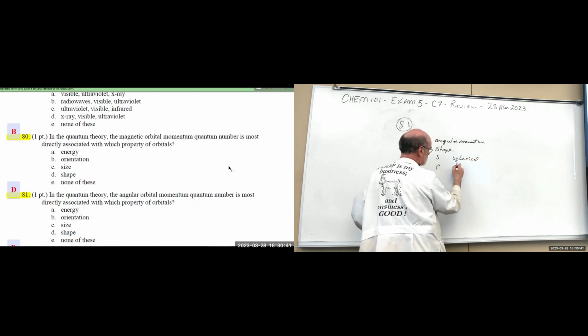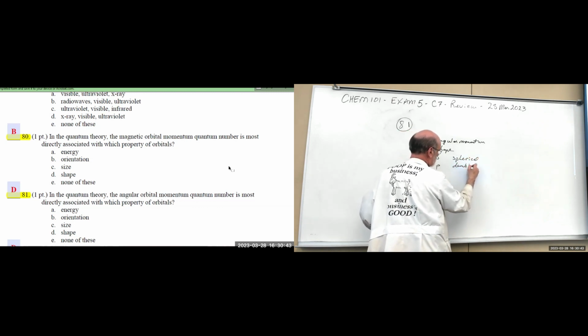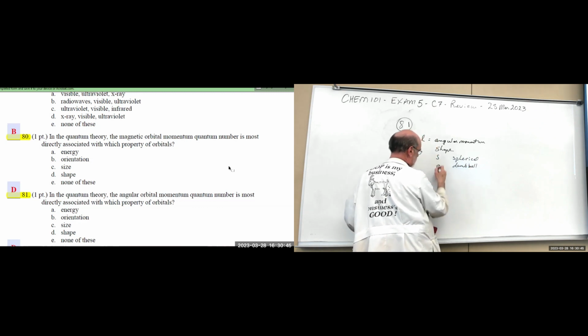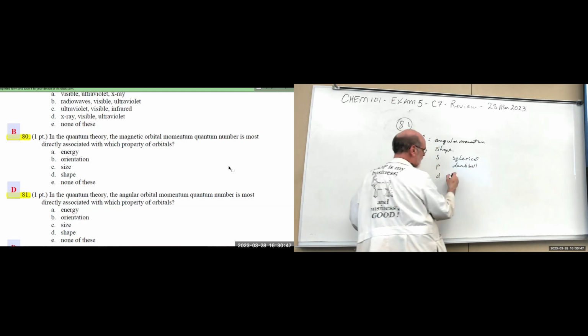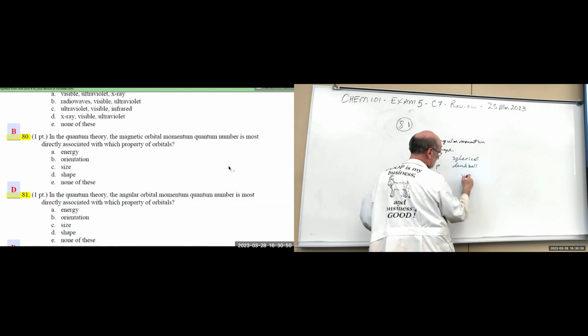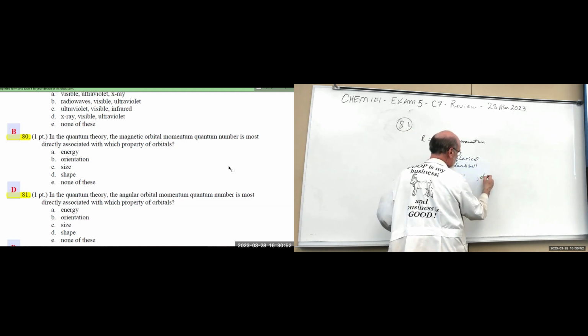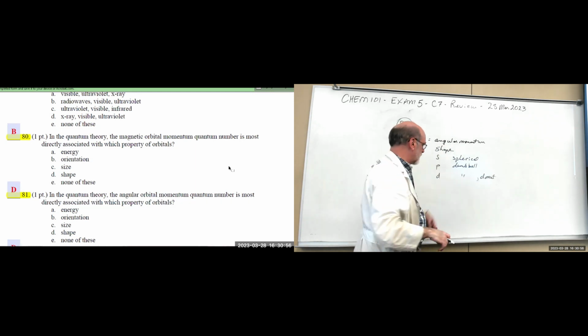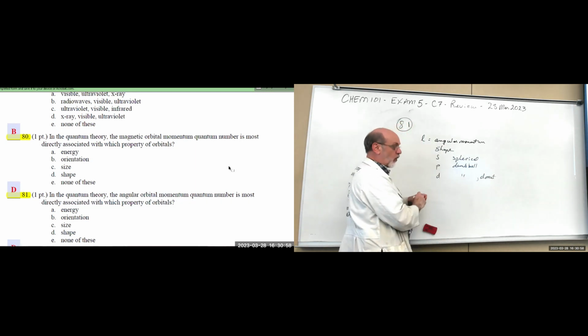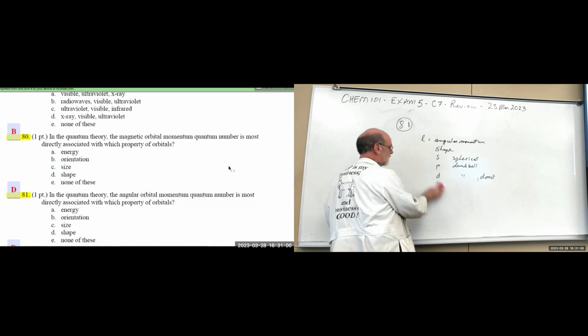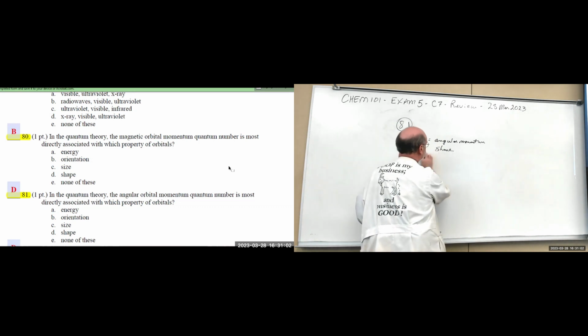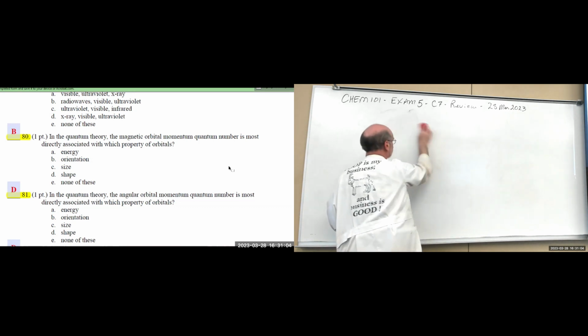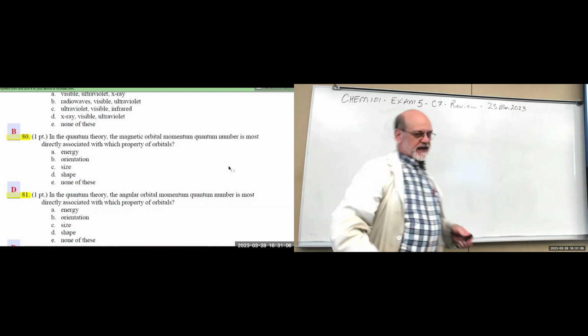P is dumbbell. And SPD. D is also sort of a dumbbell, but it also has a donut. One of its orbitals is donut shaped. And then F is just wild. All right, so the answer to that one's D.